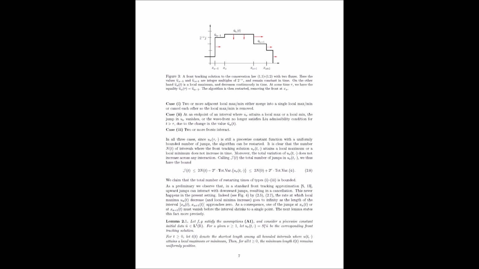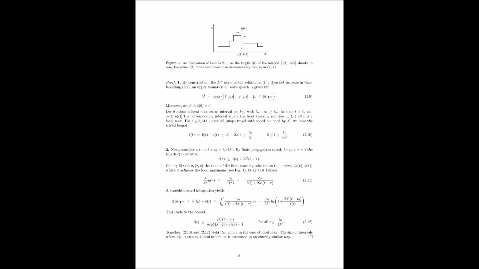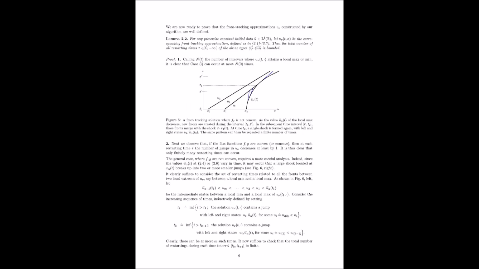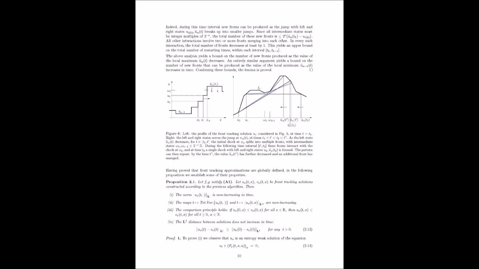They begin by focusing on how well those vanishing viscosity approximations actually satisfy the original conservation law. Remember, those approximations were solutions to a slightly modified equation with that added viscosity term. Right. Now we need to quantify how much they deviate from being true solutions to the original equation. So it's like measuring the imperfections in our model car compared to a real one.